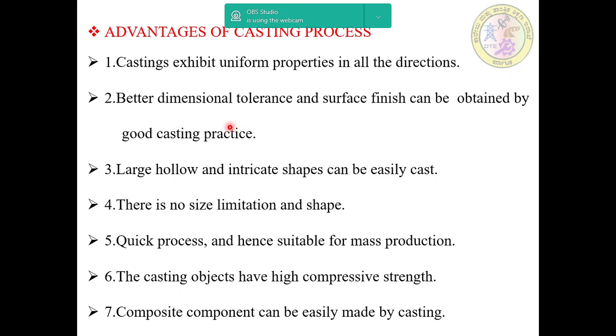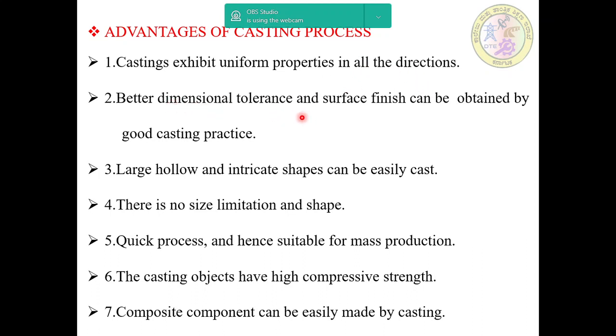Next we'll go for advantages of castings. These are the main casting advantages. The advantages of castings are many, but a few I'll mention here. Castings exhibit uniform properties in all directions.